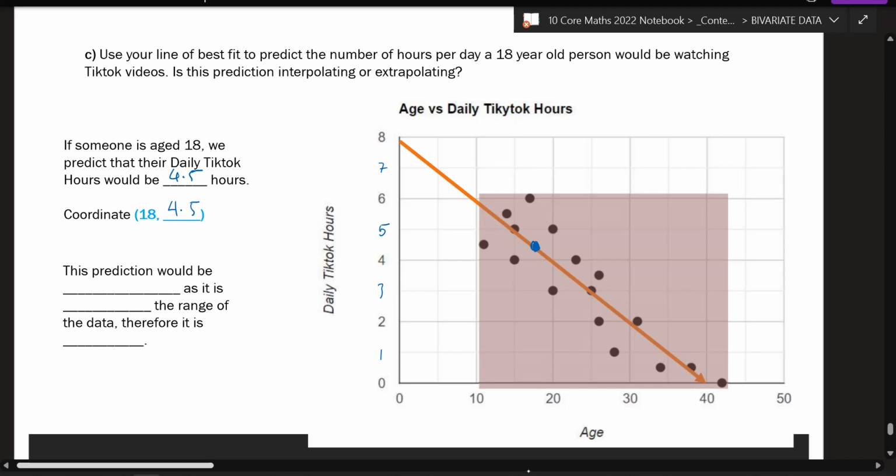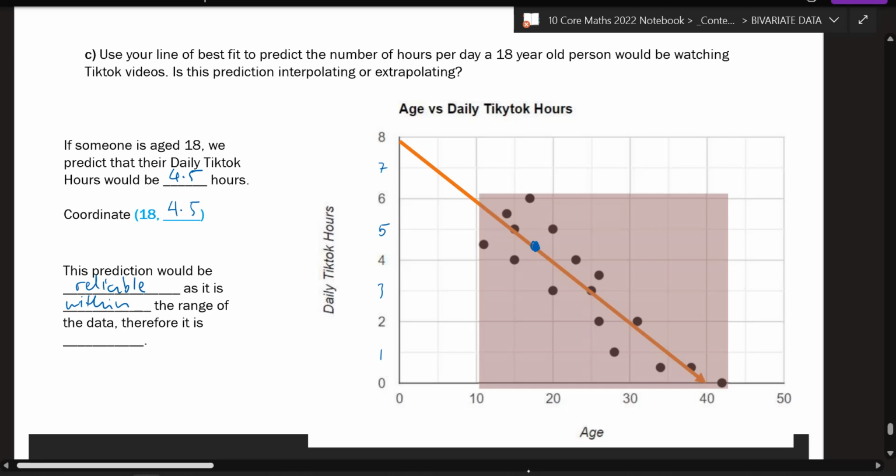Okay, so based on what we learned about interpolation and extrapolation, this prediction would be what? Reliable or unreliable? Reliable. So it's reliable. Is it within or outside? So within the range.